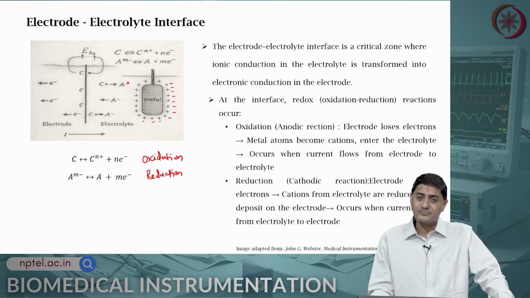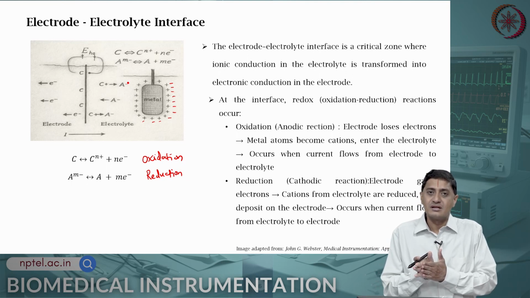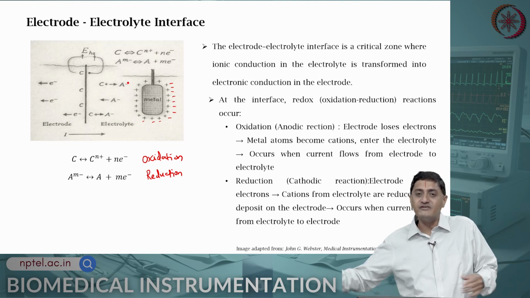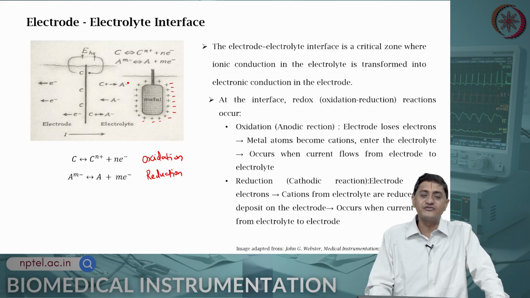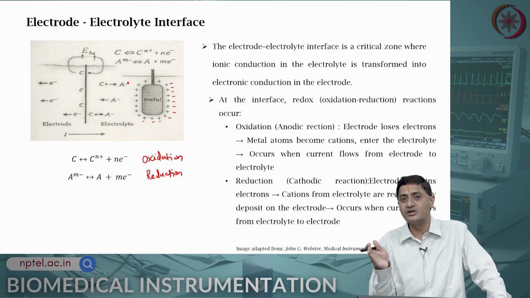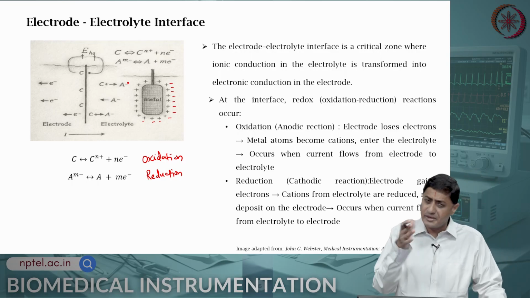At the anode, oxidation happens. In this case, the electrode loses electrons, so these metal atoms become cations. Now, that is possible: abrasion of the electrode, becoming a cation, and that cation moving within the electrolyte. This occurs when the current flows from the electrode to the electrolyte. When the current is flowing from the electrode to the electrolyte, the oxidation reaction dominates.